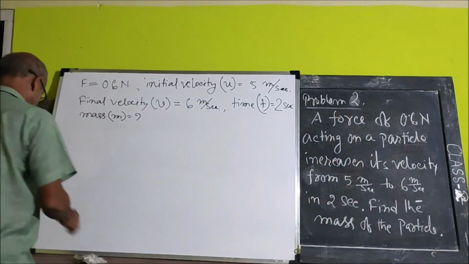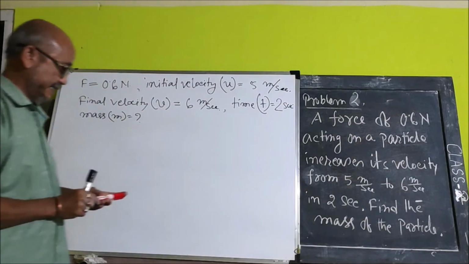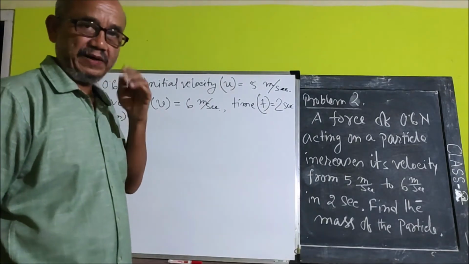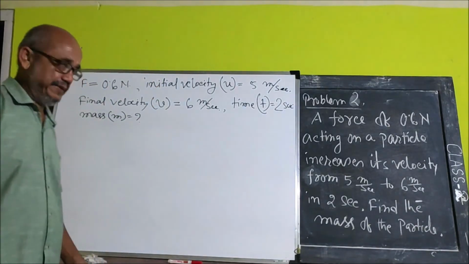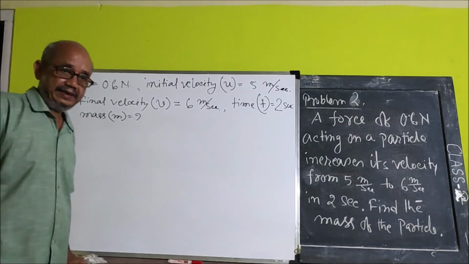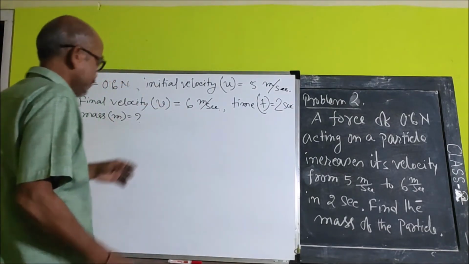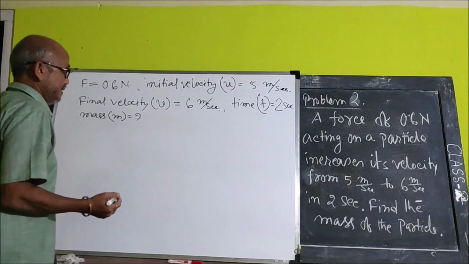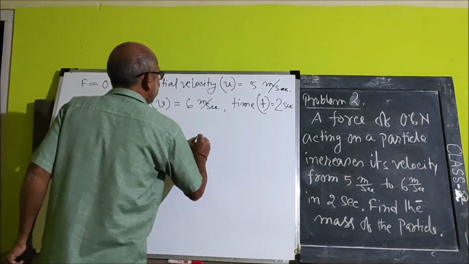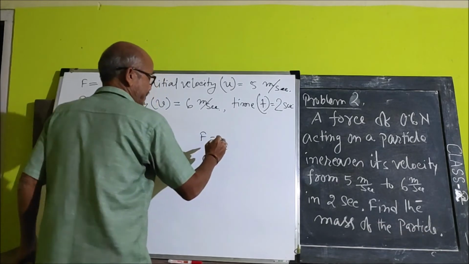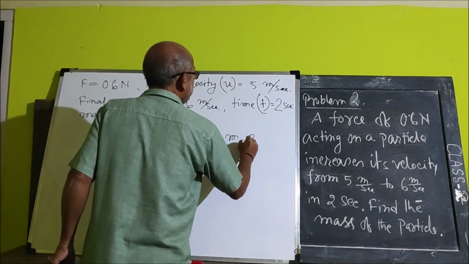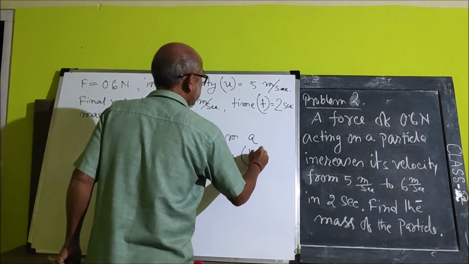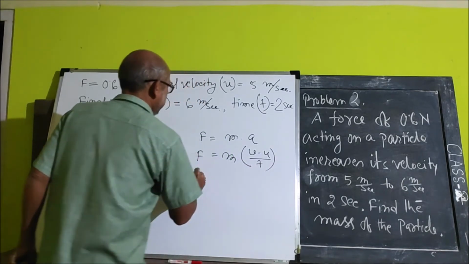Now you see, from Newton's second law of motion we have F equal to ma. Now here we can write F equal to m into (v minus u) by t.